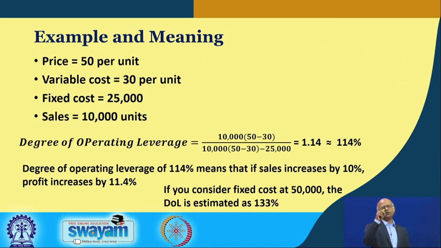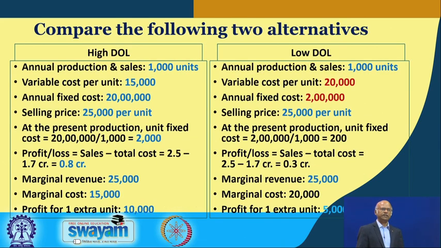Suppose in this case your fixed cost was 50,000 rupees, then you will see that degree of operating leverage is 133%, meaning that for every 10% increase in sales, your operating profit will increase by 13.3%. Just to show this more directly, I have two examples side by side. In one, you have higher fixed cost, lower variable cost.